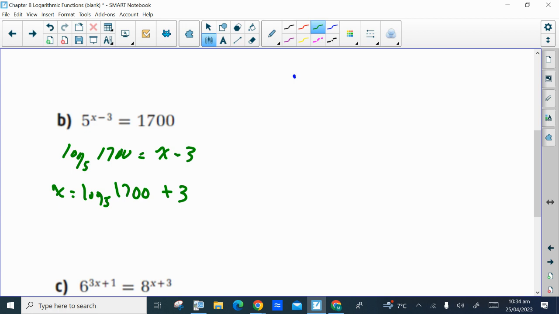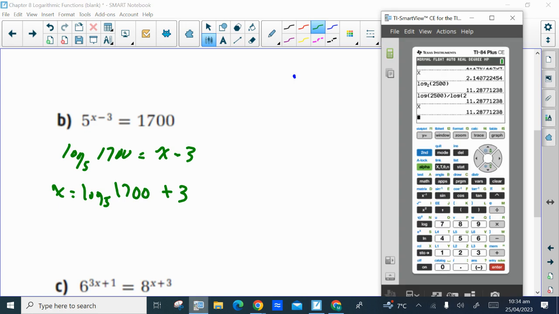There's the answer as an exact value. We can use our calculator to get it as a decimal. Log base 5 of 1700 plus 3 has to be outside the bracket. So if we round it, it's approximately 7.62.